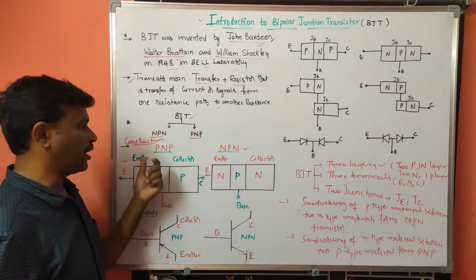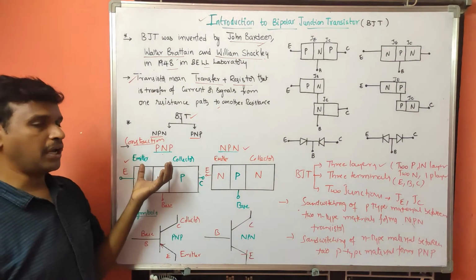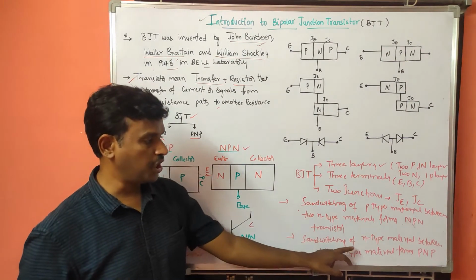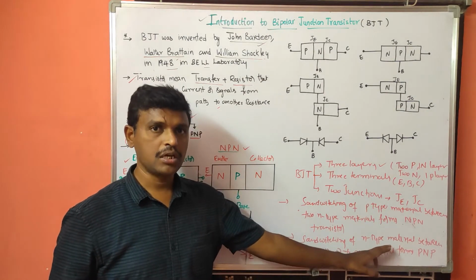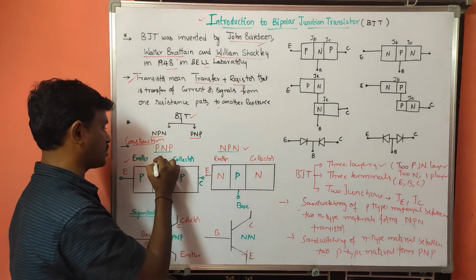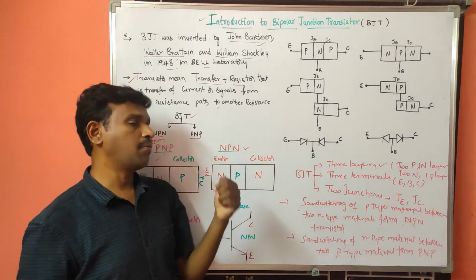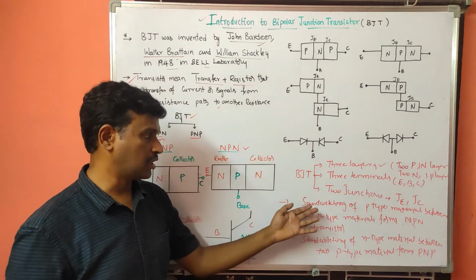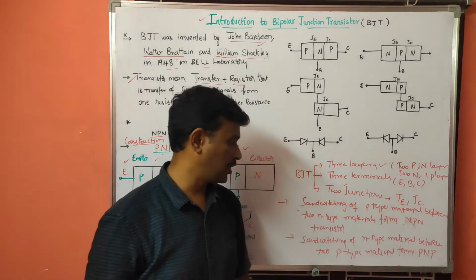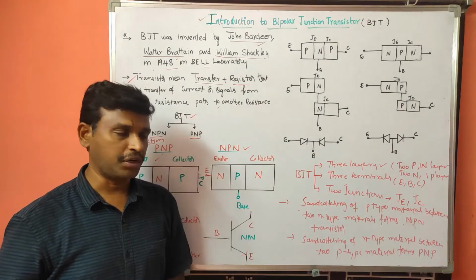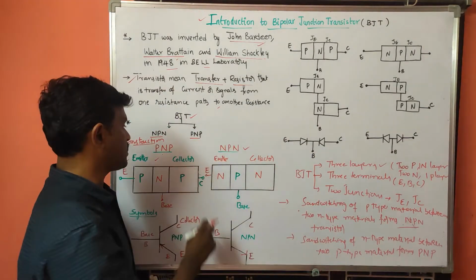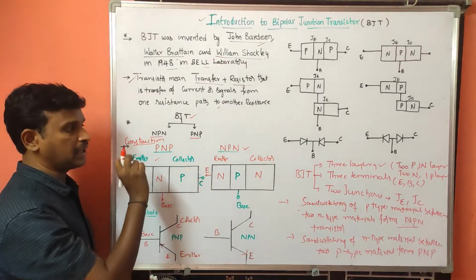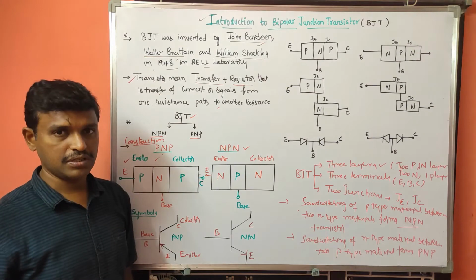So here we have PNP and NPN. I form a PNP transistor by sandwiching an N-type material between two P-type materials. In the reverse case, we can form an NPN transistor, that is, sandwiching a P-type material between two N-type materials forms an NPN transistor. So this is the basic construction of the PNP transistor and NPN transistor.